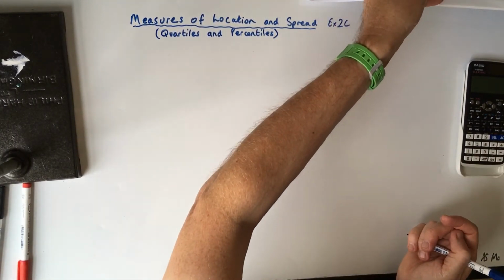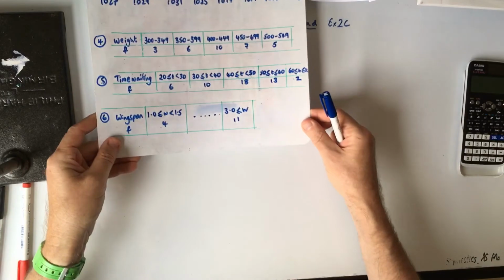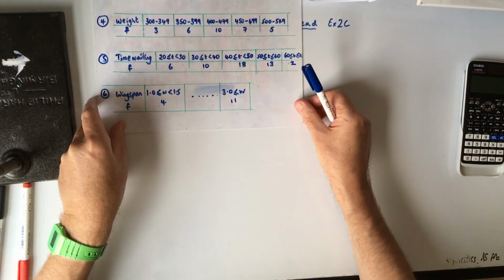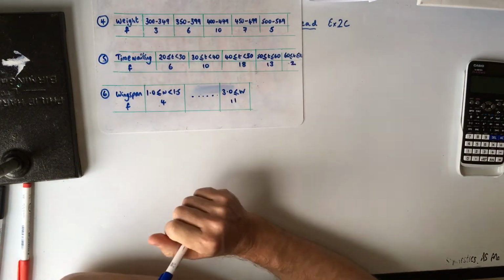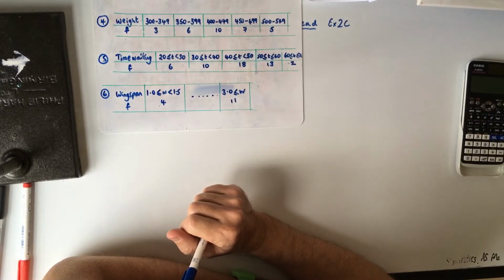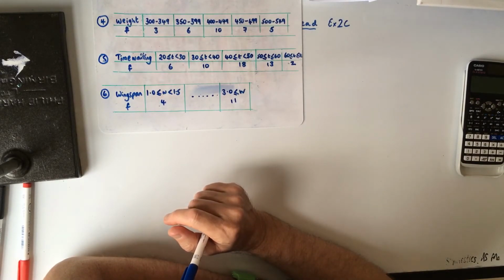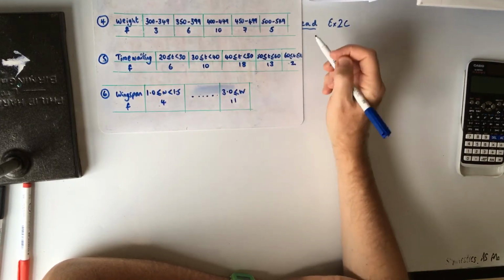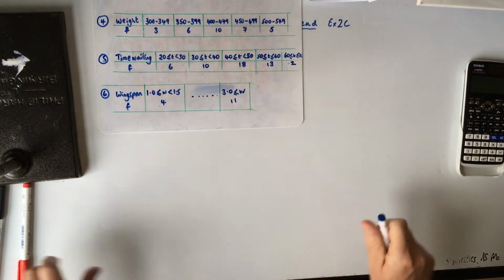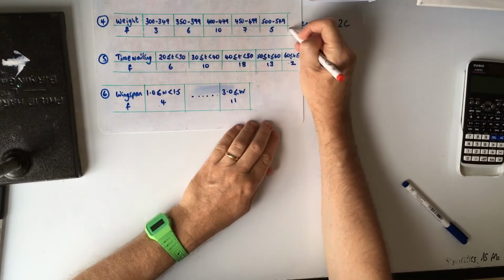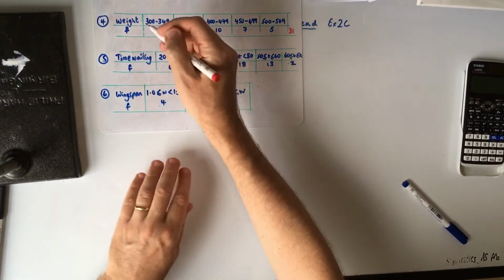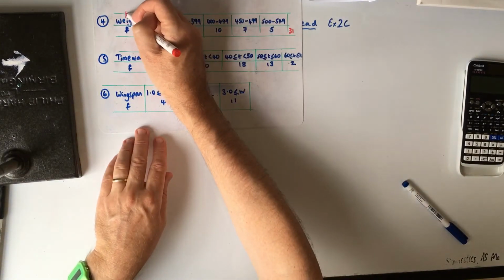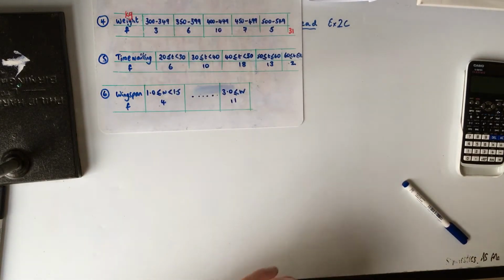Question 4. If I put it there now, you can sort of see that question 4. So we're looking at that one there. Question 4, I'll only do the first bit of that one because it's all the same. If you add up the frequency here, the frequency adds up to 31. And these are weights in kilograms of Jersey cows.